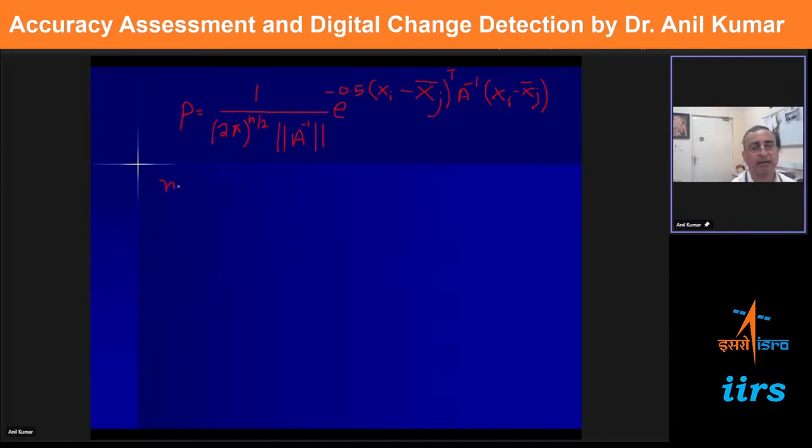Here small n is the bands in the image. Here A inverse is a weight matrix.